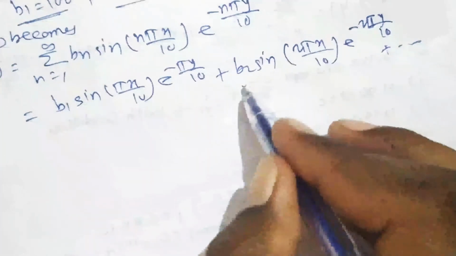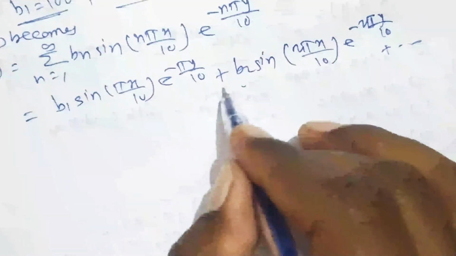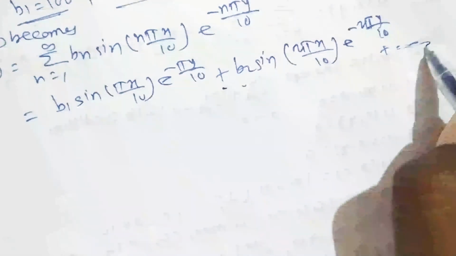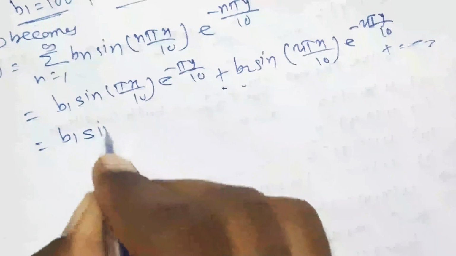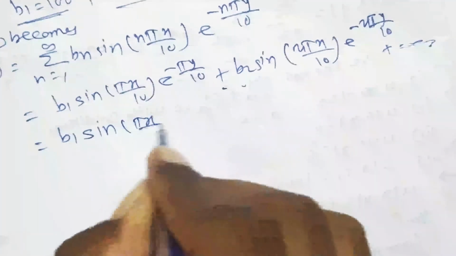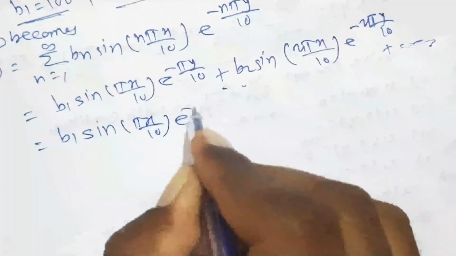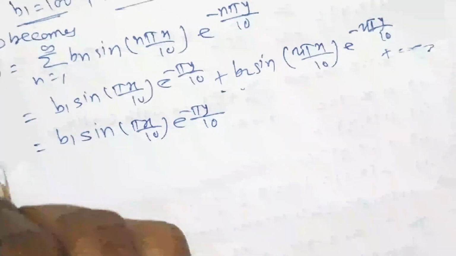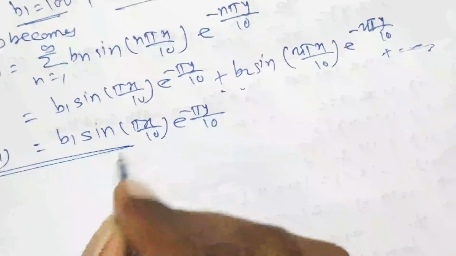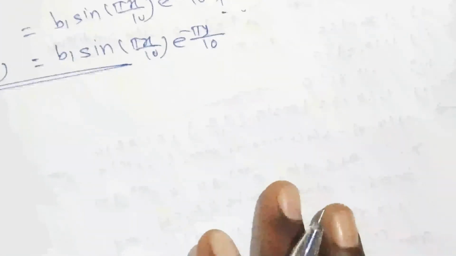Here b2 equal to 0, b3 equal to 0, so from this plus sign to the end all values are 0. We will get the final answer as b1 sin pi x by 10 into e to the power minus pi y by 10. So this is the required temperature or solution of the given Laplace equation.